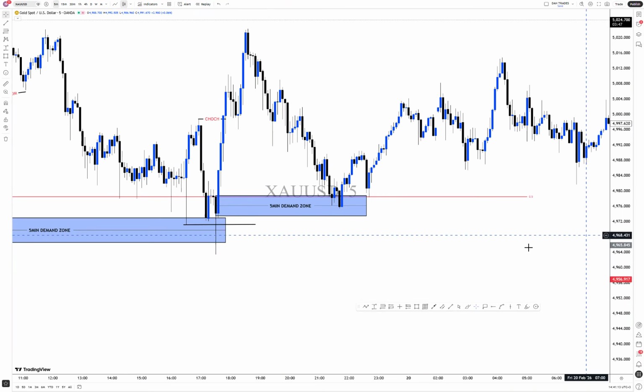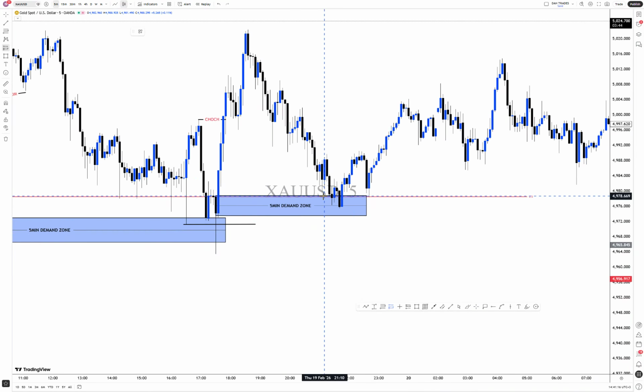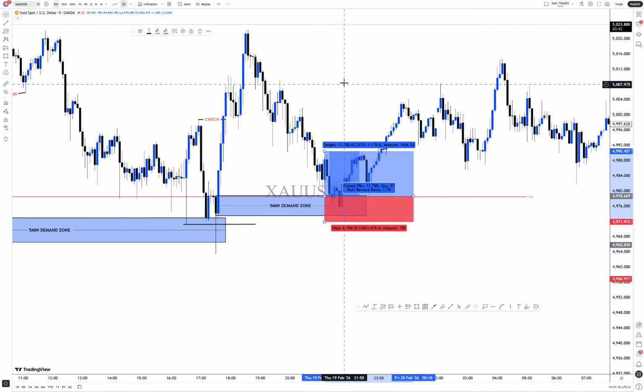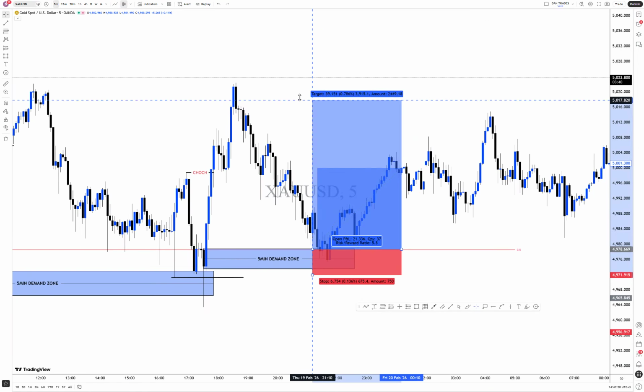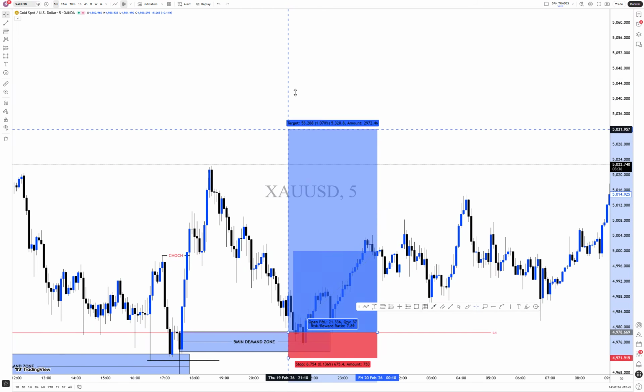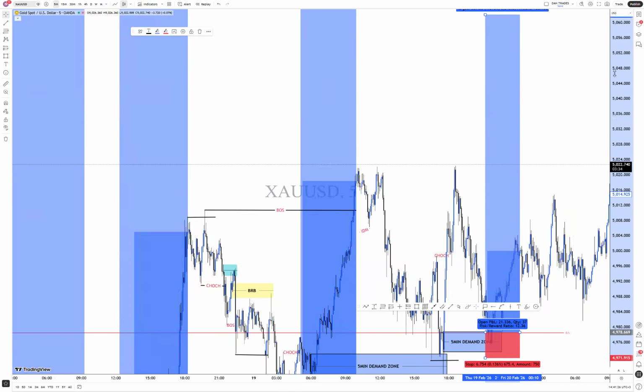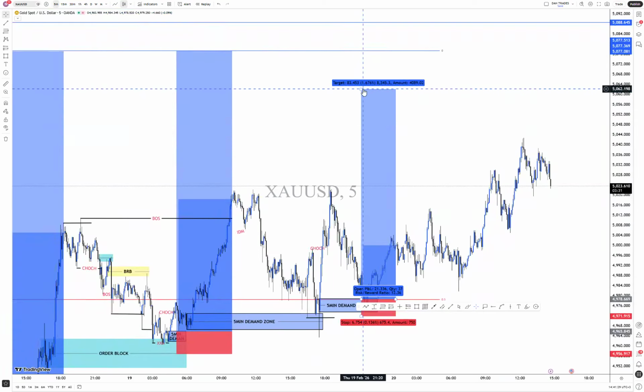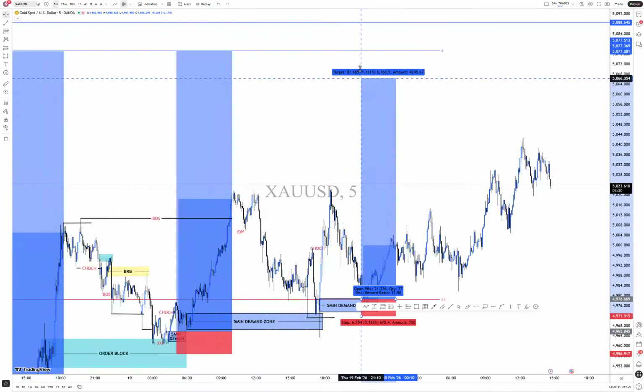So we could have been adding more positions at around this area. You can even decide to target this swing high, but remember you are supposed to be targeting that 4H CRT high around this area.